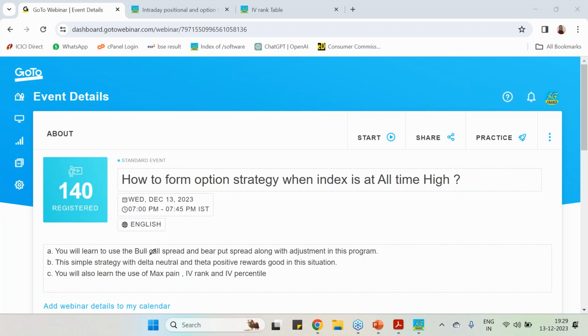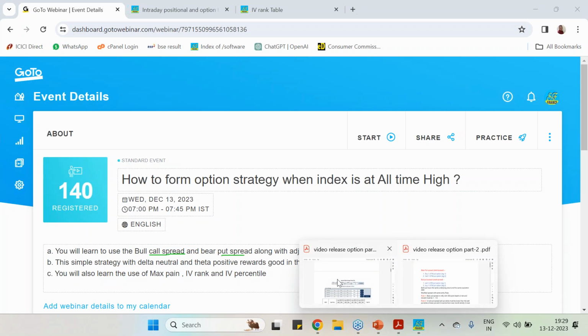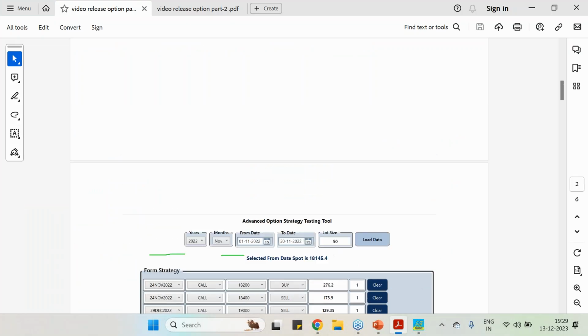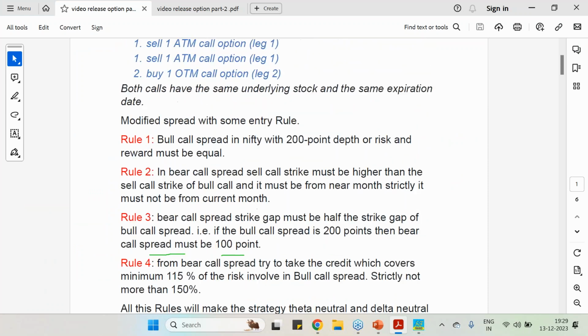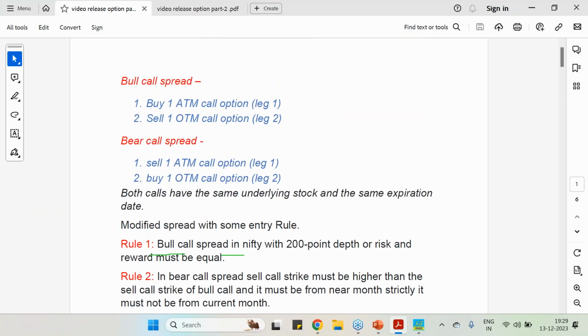Here, no rocket science, simple strategy: bull call spread, bear put spread with specific adjustment you can do. Regarding this also, I have already released a video on my YouTube channel, option strategy part 1, part 2. What I am going to tell you here, you are going to implement simple bull call spread, bear put spread with specific adjustment and specific rule.